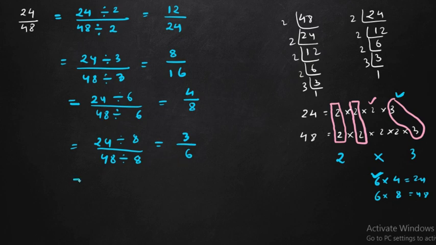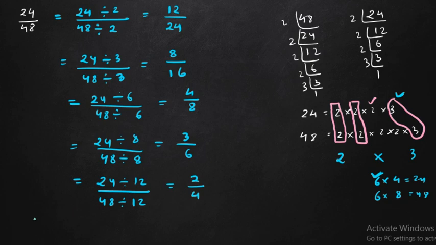Okay. And in the table of 12, both 24 and 48 come. So that means 12 is also a common divisor of 24 and 48. If we divide by it, we will get 12 2s are 24 and 12 4s are 48.